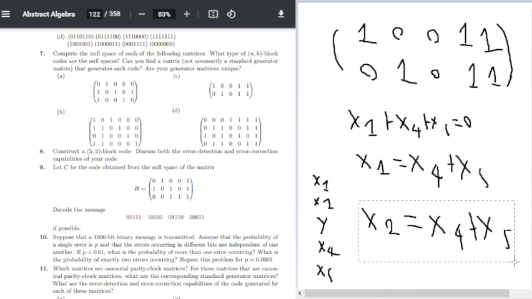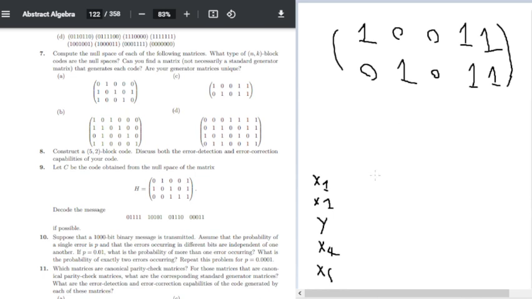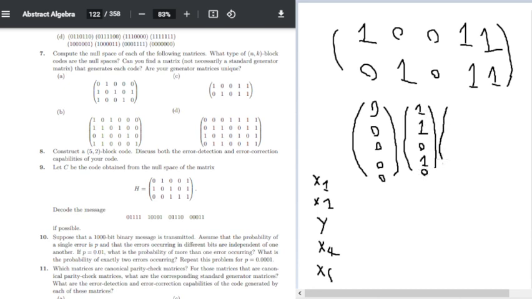So for example, we're going to have 0, 0, 0, 0, 0. We're going to have 1, 1, 0, 1, 0. 1, 1, 0, 0, 1.